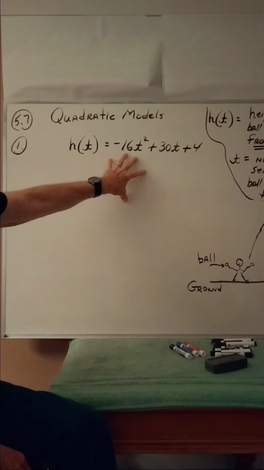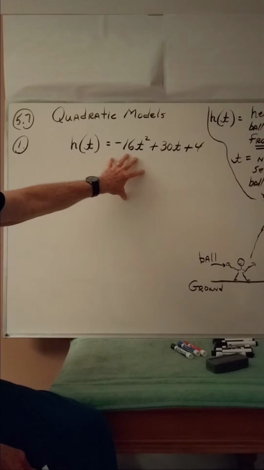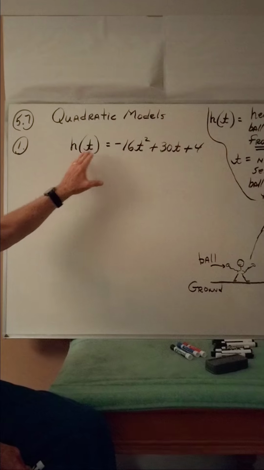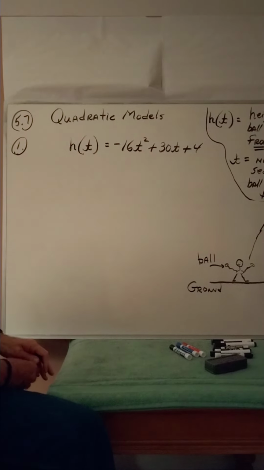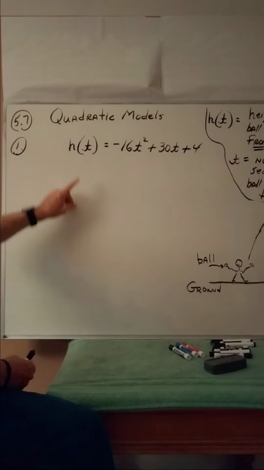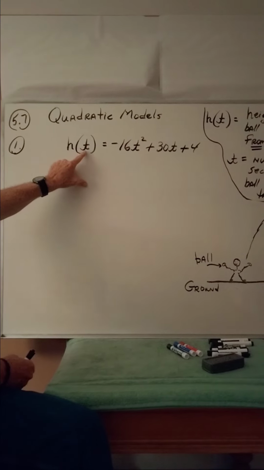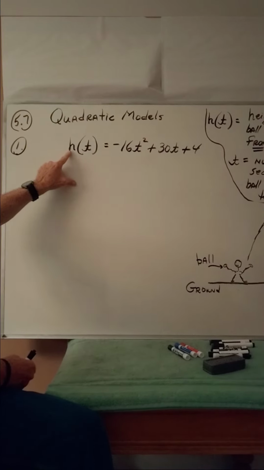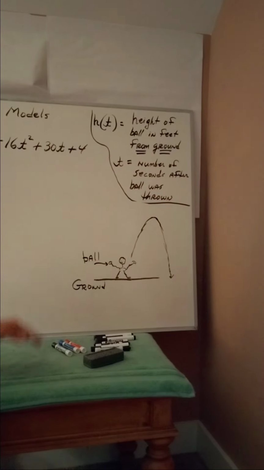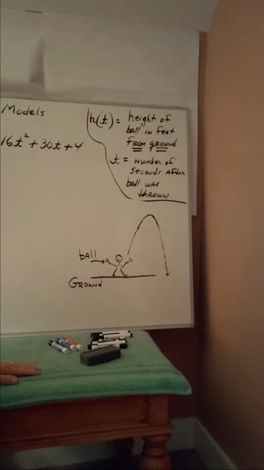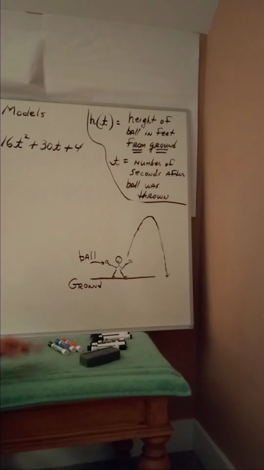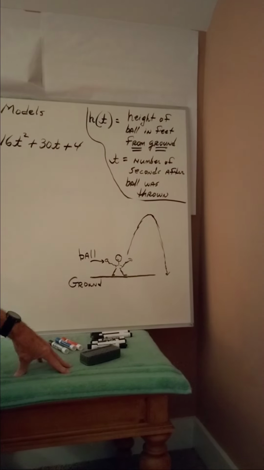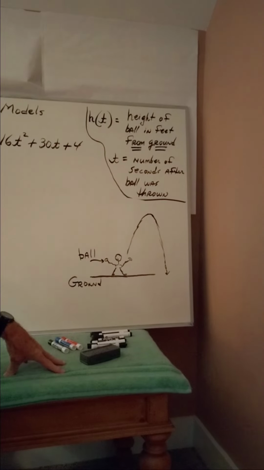Now, before I leave this for a moment and go to the actual problem, I want to speak about two concepts of this quadratic function. The h of t, or the value of function h when the domain is t, as I wrote up there in the upper right hand corner, is going to represent the height of the ball in feet from the ground.